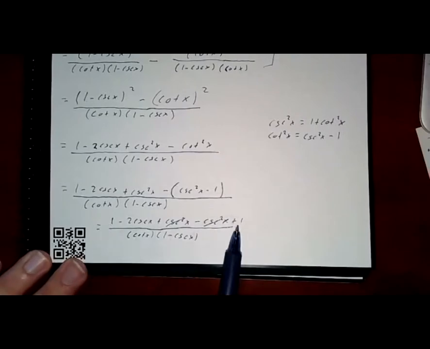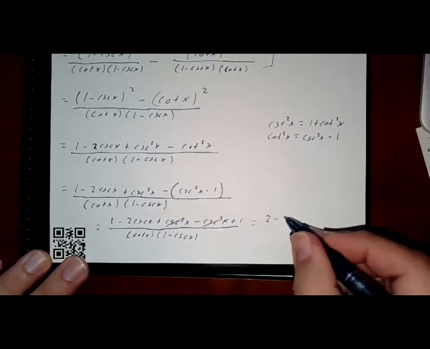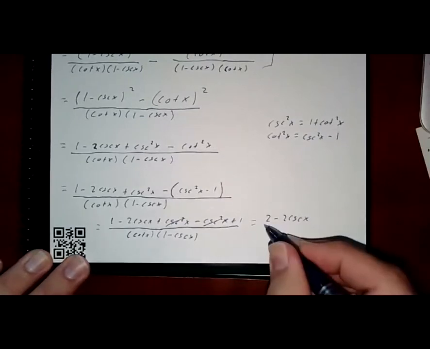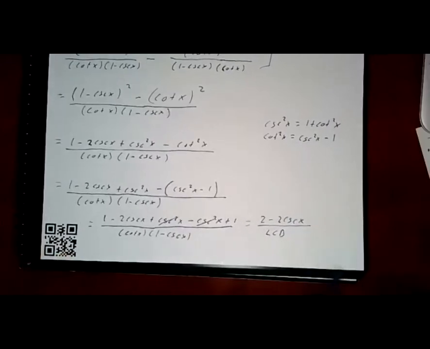Then you have 1 plus 1, which will give us 2 minus 2 cosecant x over, I'm just going to write LCD because it's getting redundant. Okay? I'm going to write this on the next page.